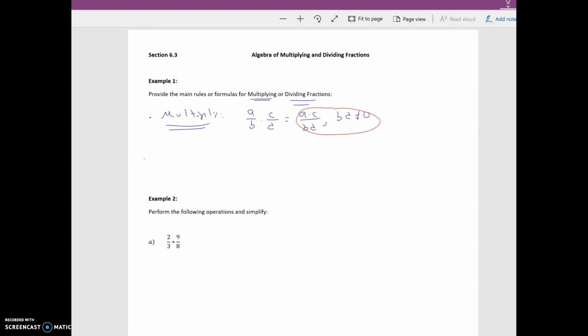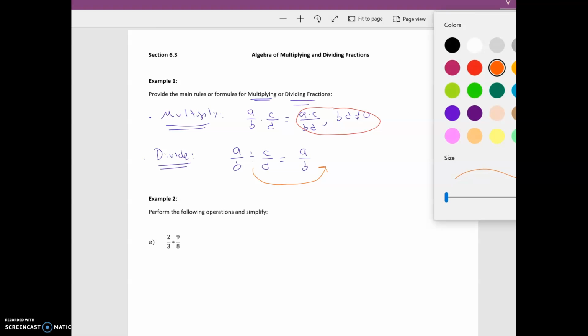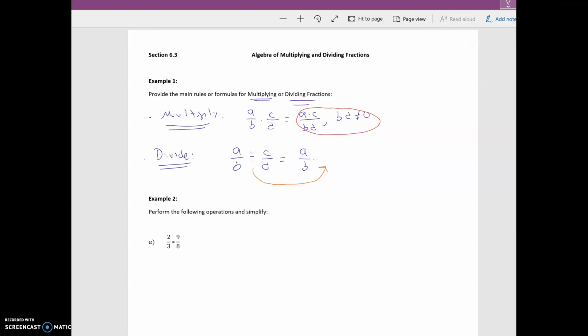Now, if we happen to be dealing with division, to divide fractions, this is the main idea. If you have a fraction a over b and you're dividing by c over d, you're going to recopy the formula again, so a over b, and then you modify the division sign to an actual multiplication. In this case, we're going to be multiplying, and you're going to flip this fraction and end up multiplying by the reciprocal.